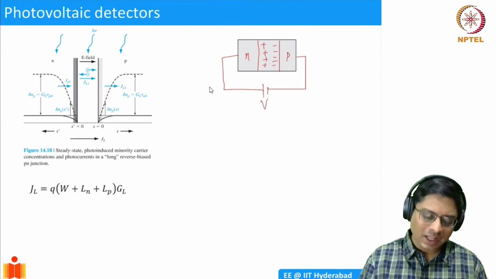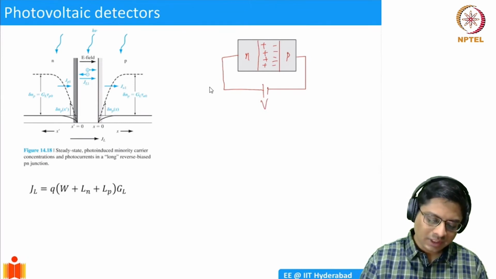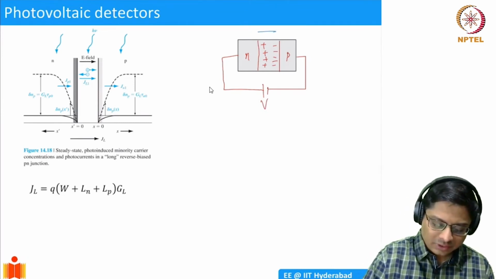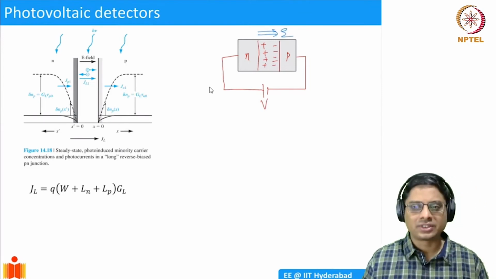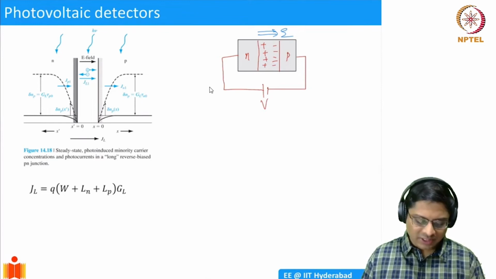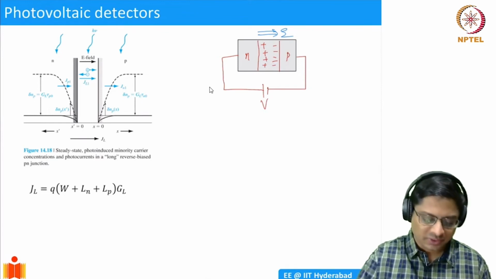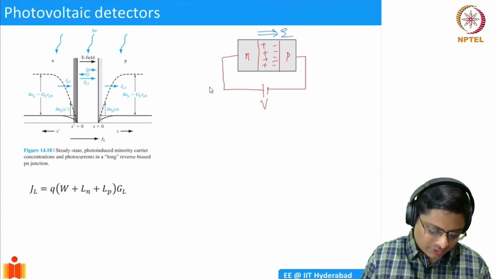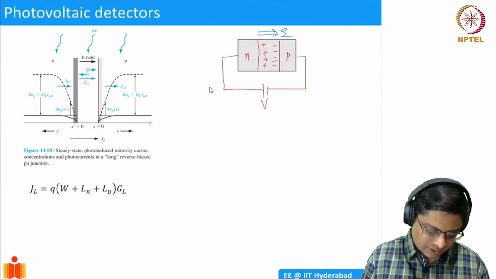Okay. So what happens in this case? Well, you will see that there is a strong electric field in the positive x direction, right? So now, if you don't do anything, just apply this voltage and wait. What happens? Well, we have studied the reverse bias operation of a junction. So let's say x equal to 0 is the edge of the N region, and this is the edge of the P region.